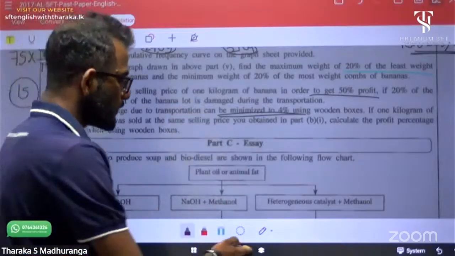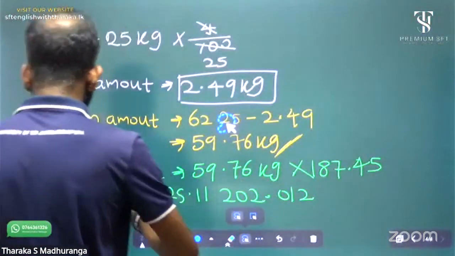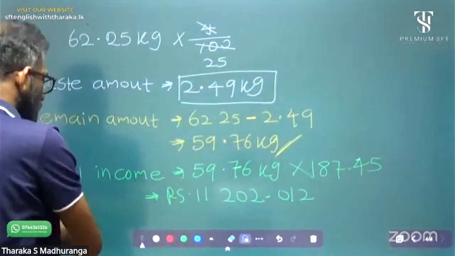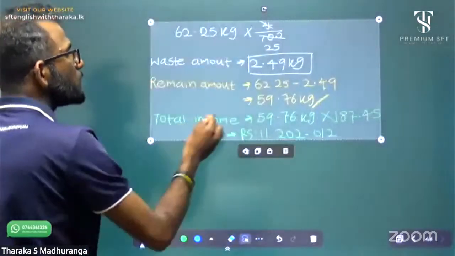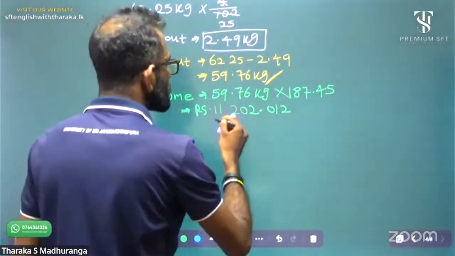Profit percentage. Before calculating profit percentage, we can get the profit while using a wooden box. This is the total income.